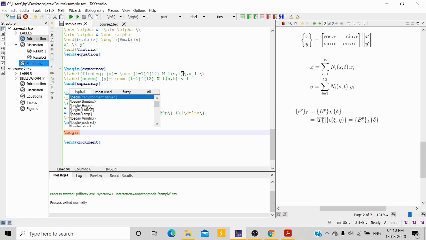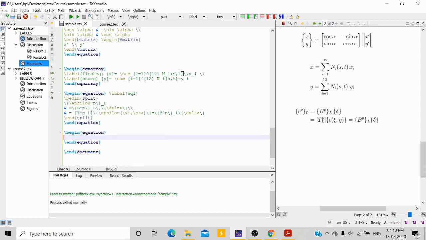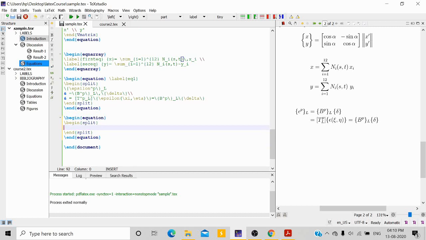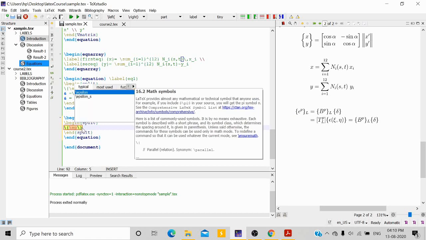Begin equation. Inside it again begin split, right? So begin split and end split. Within that epsilon. So you see inside the curly braces, I'll put a curly brace first, curly brace epsilon, I'll write epsilon.